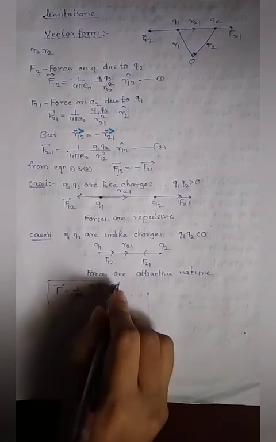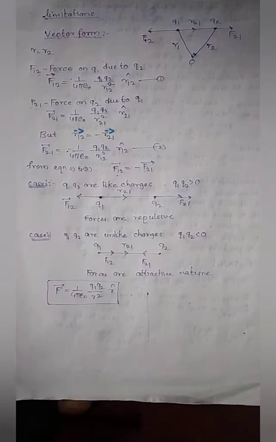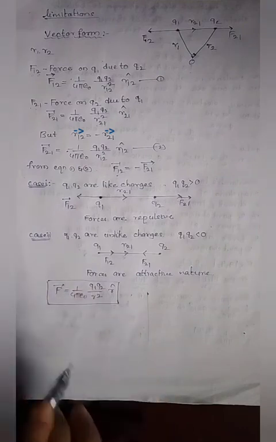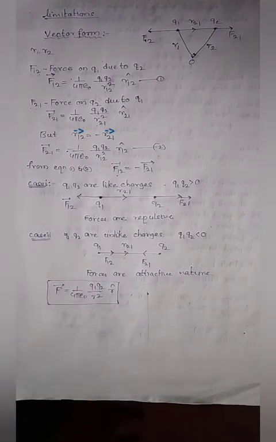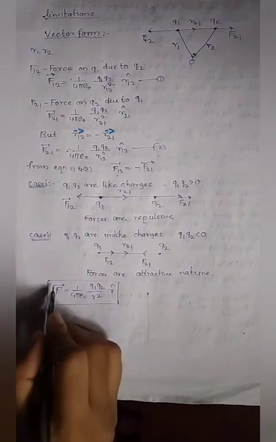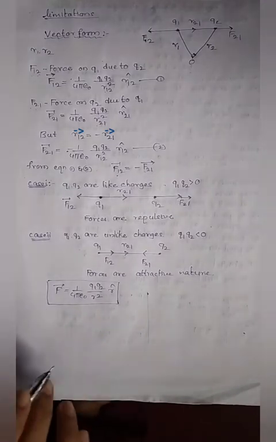So this is the vector form of Coulomb's law. This is the simplest vector form of Coulomb's law. Here R cap is the unit vector from charge Q1 to Q2. And also you have to mention the arrow mark, which means the force is a vector here.